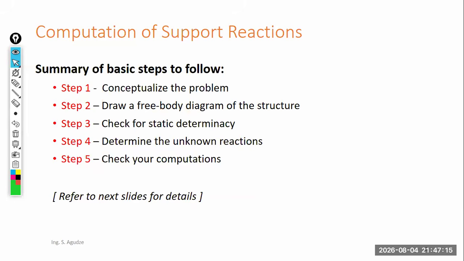Free body diagram means you are representing the various supports by the appropriate reactions. Okay. And then the step 3, you check for static determinacy. This step 3, we did that in lecture 1, where we learn how to calculate degree of static determinacy of structures. And then the step 4, after you have done that classification, you can now determine the unknown reaction. And then finally, you have to check your computations.